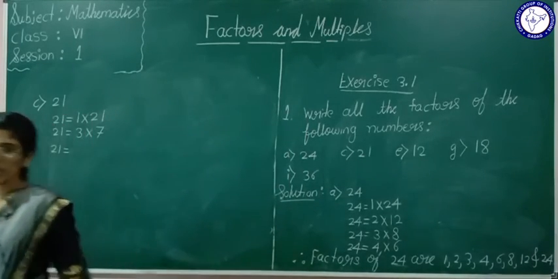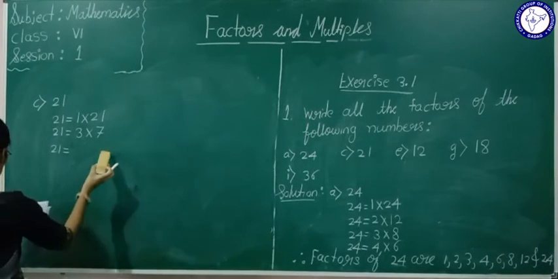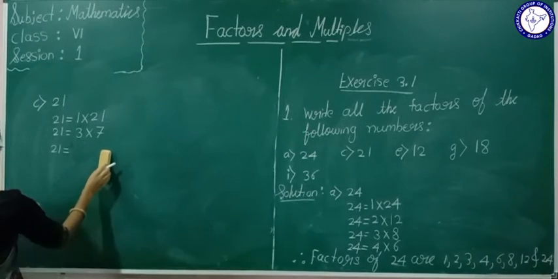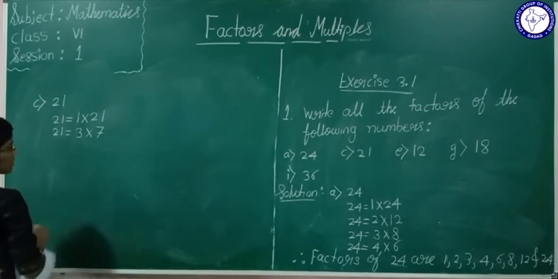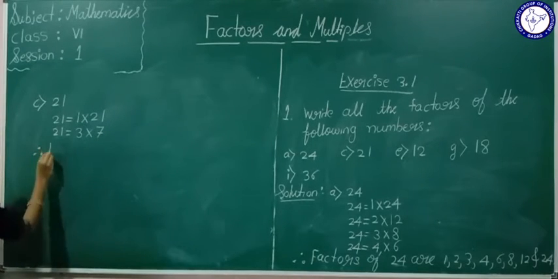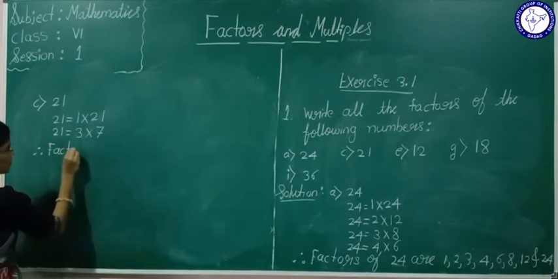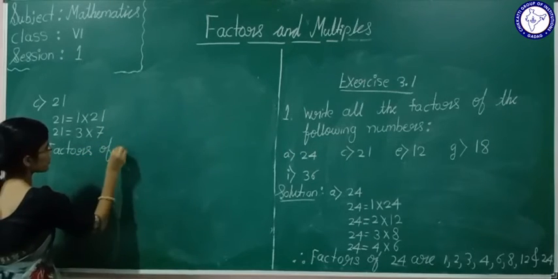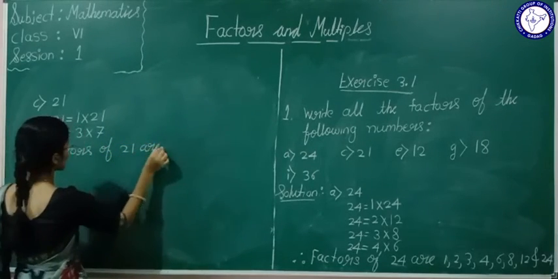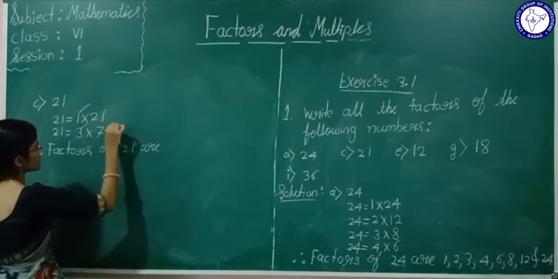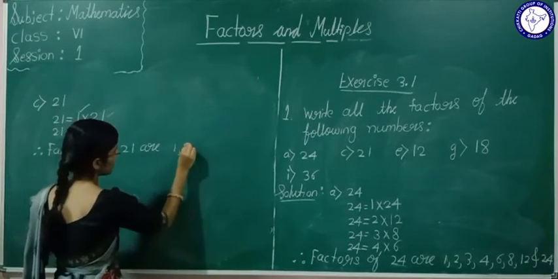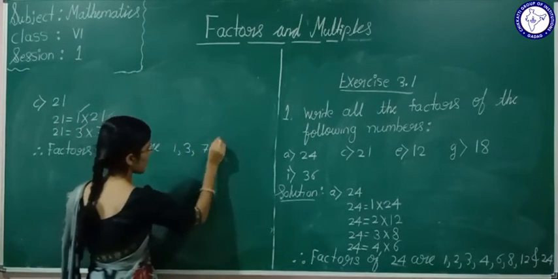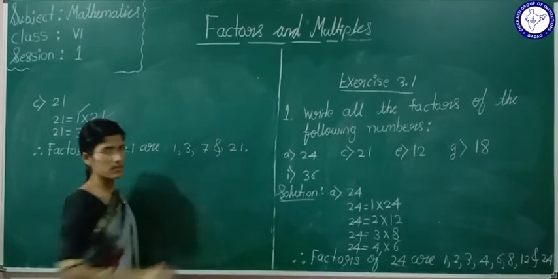Is there any possible again? No. Therefore factors of 21 are, what are the factors? 1, 3, 7 and 21.